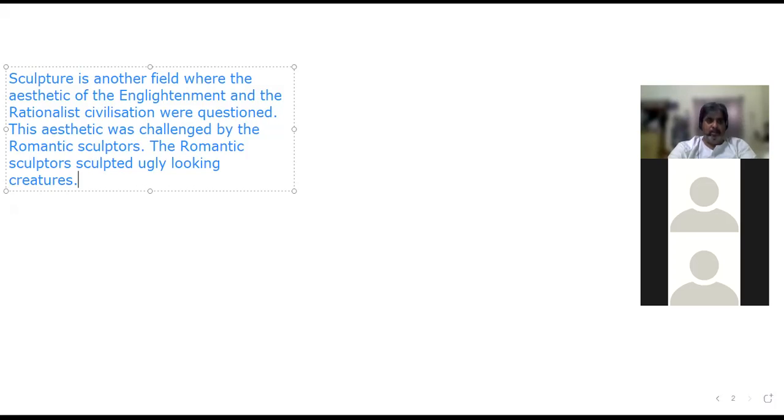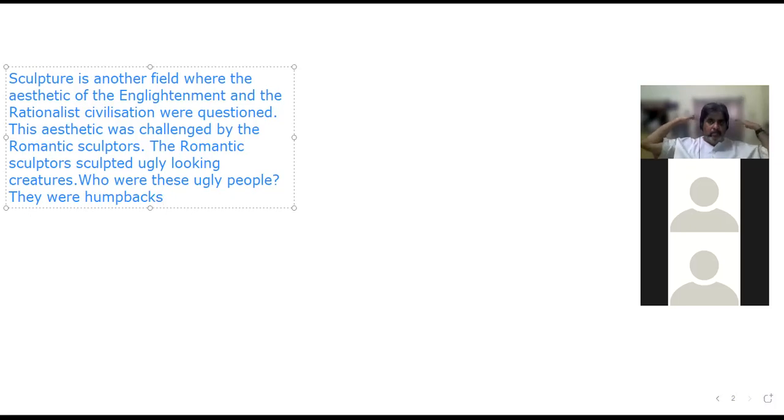So who were these ugly? They were humpbacks. You know what a humpback is, right? Somebody who has a swollen back. It's like this, a hump. They're very ugly to look at, unfortunately. And people call them monstrosities, which is very bad because they didn't choose to be humpbacks.